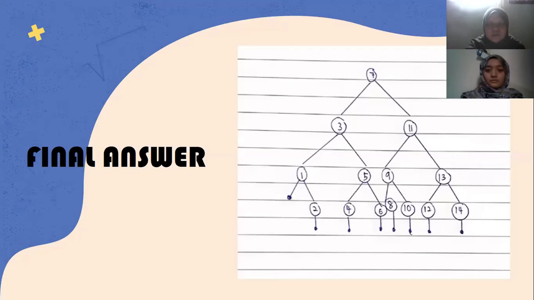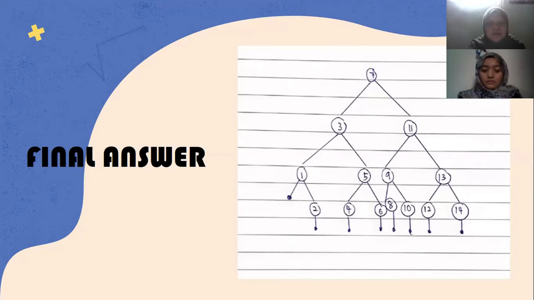So we will put 7 in the middle of the tree. Then, as we got the roots in step 2, which are 3 and 11, we place them below 7. From 3 and 11, in step 3 we get 1, 5, and 9, 13.